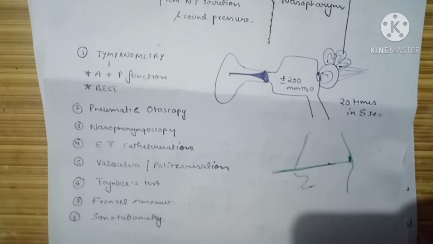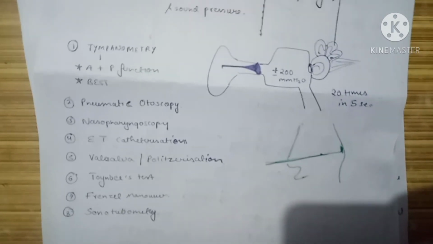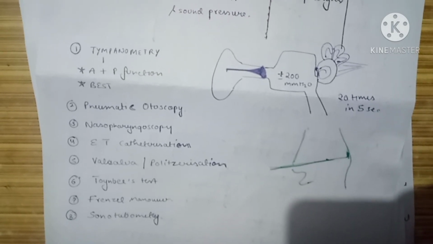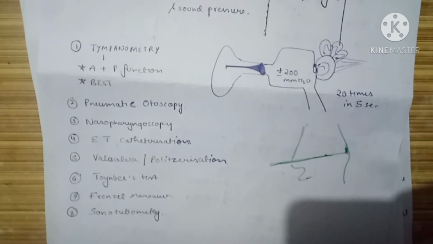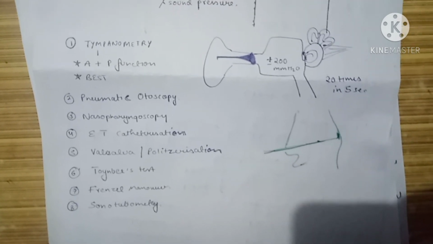Okay, the seventh test is Frenzel's maneuver. Frenzel's maneuver is important because it is done by scuba divers, free divers, and passengers on an aircraft while they are descending, because this helps in pressure stabilization between the middle ear and nasopharynx.